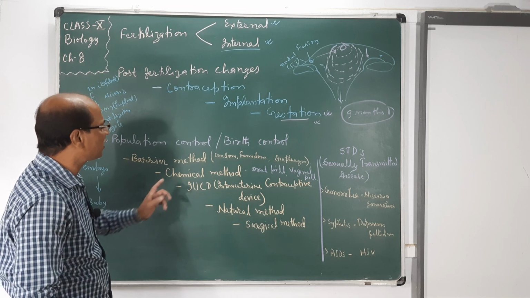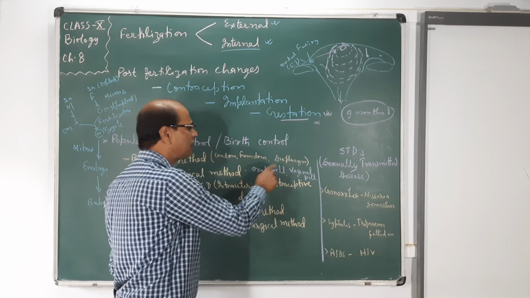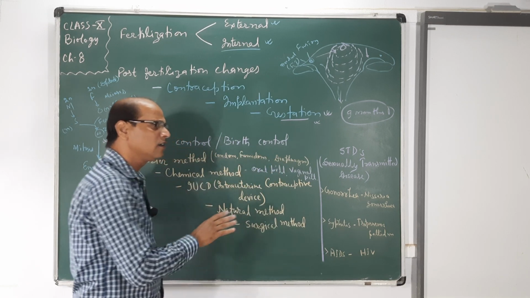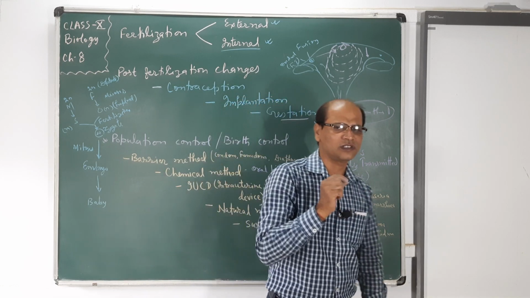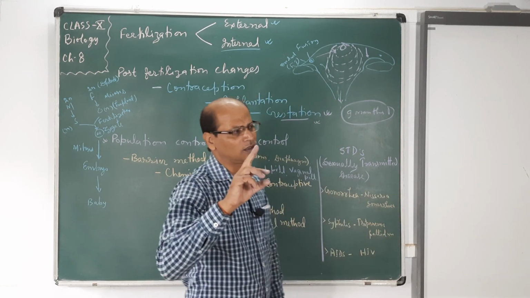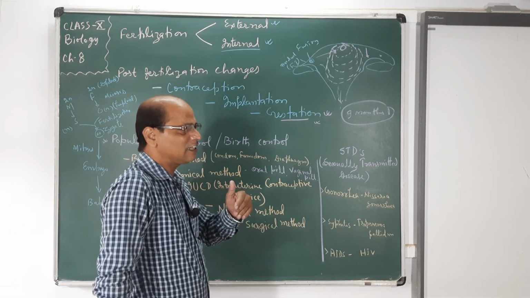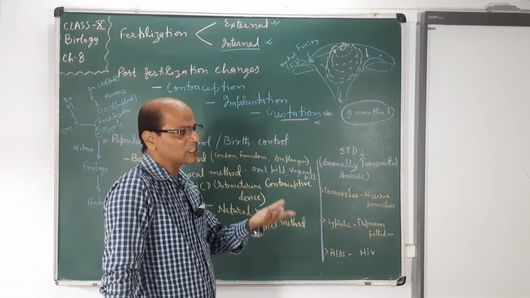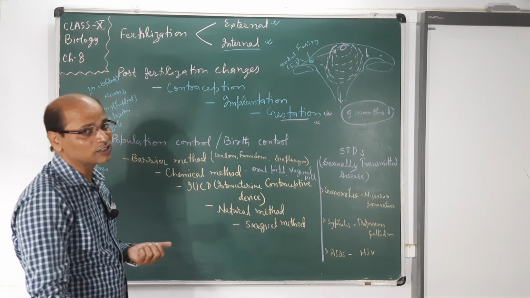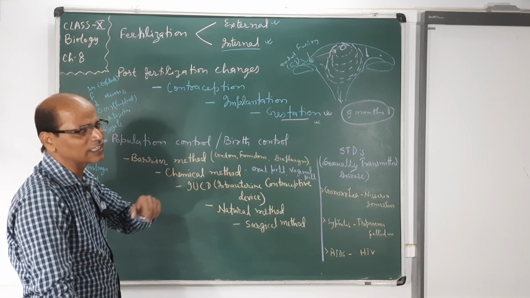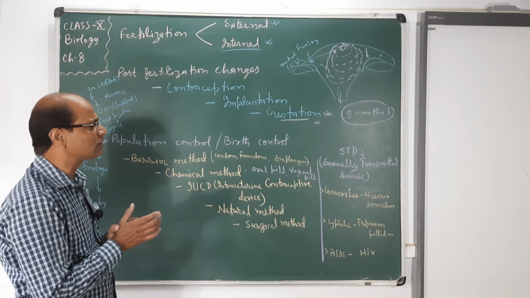These are chemical methods, where we can take the oral pill, mainly used by females. After taking the oral pills, the condition at the site of fusion is different, so that sperms are unable to grow or survive, and then no fusion takes place. So they also check the fusion of the male and female gametes.